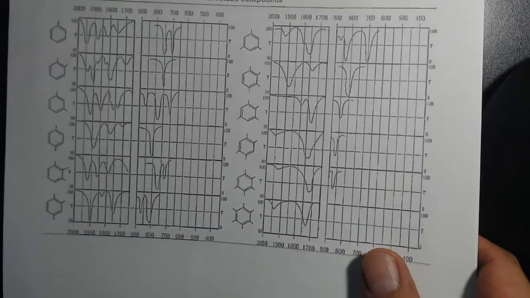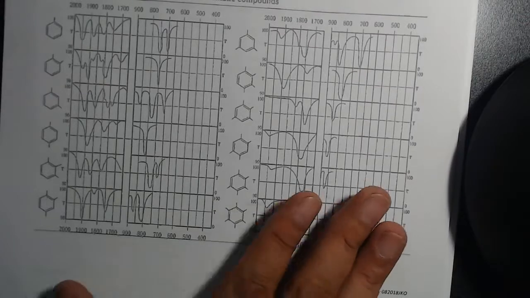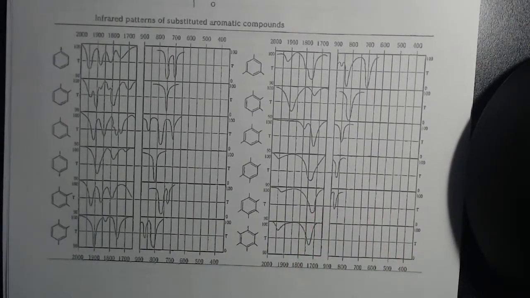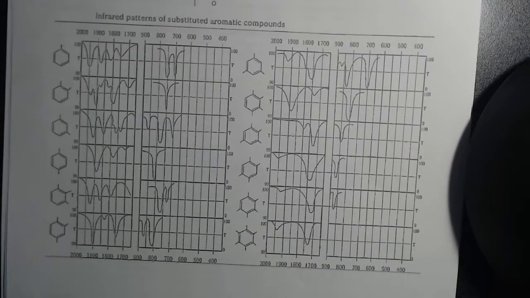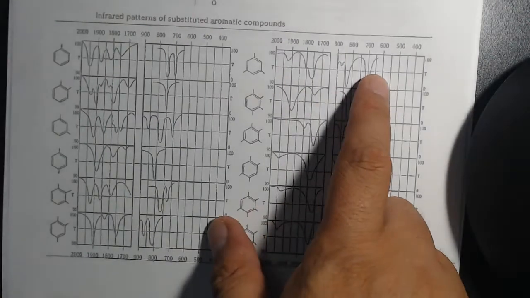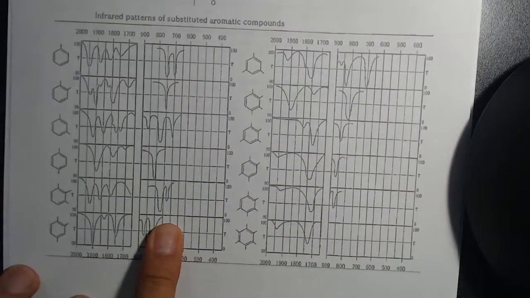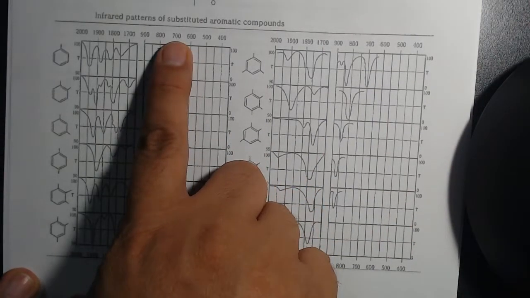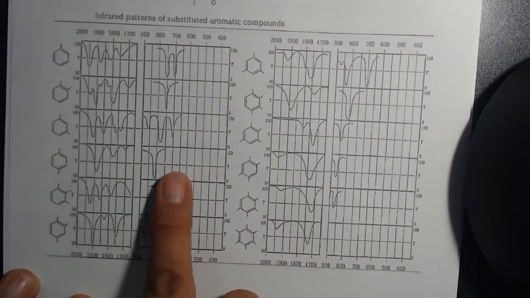Something else I want to point out on this chart. If you have benzene compounds with different types of substitution patterns, like where groups are attached, you can see these regions. But notice the numbers here. That's well into the fingerprint, isn't it?